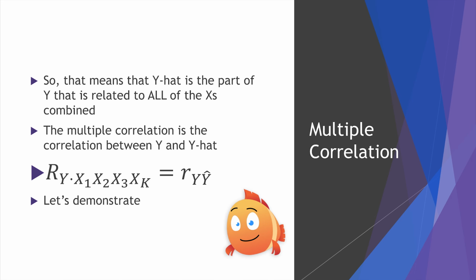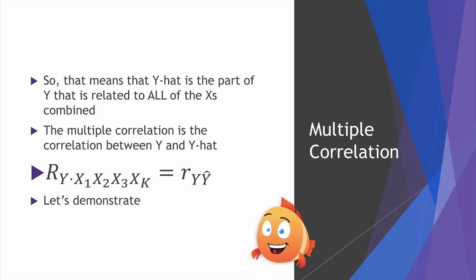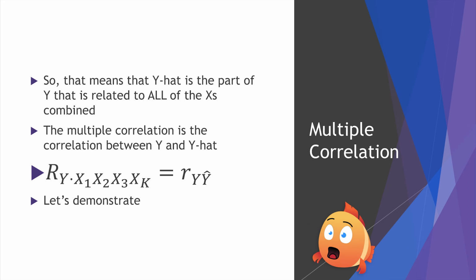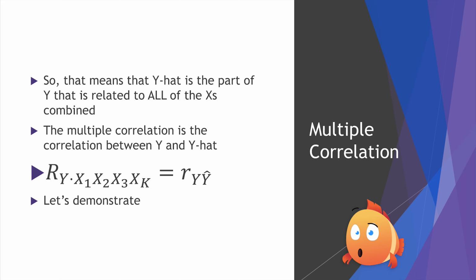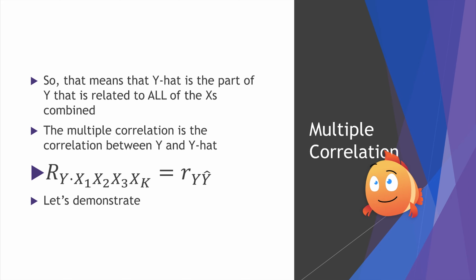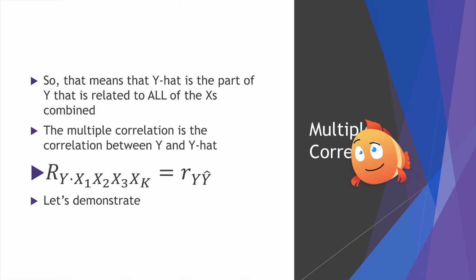This can be illustrated in this equation here, where big capital R is just a correlation between one variable and tons of others. So the total variance explained. It's R squared, but not squared.